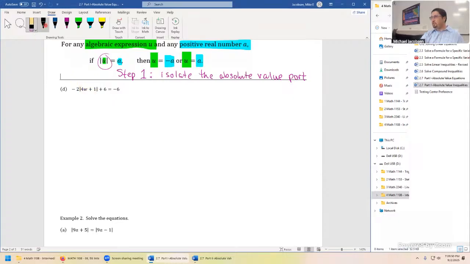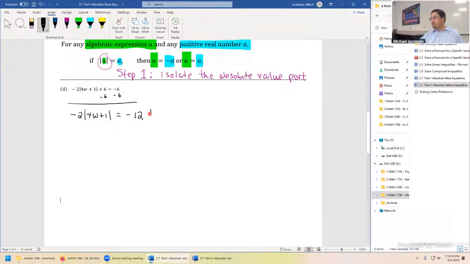So that implies we have a little bit of preliminary algebra to do on this one before we even use this formula above. Well, it's not too bad. If we want to get the absolute value part alone, just start off by subtracting 6 from both sides. We have negative 2 times the absolute value of 4w plus 1 equals negative 12.